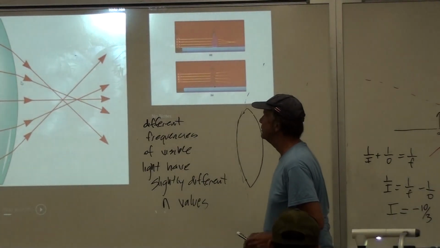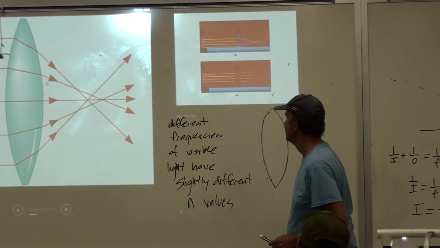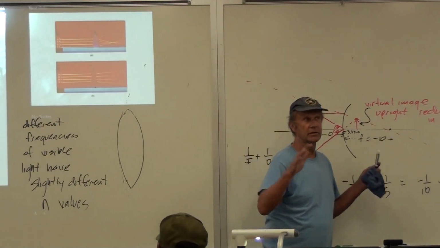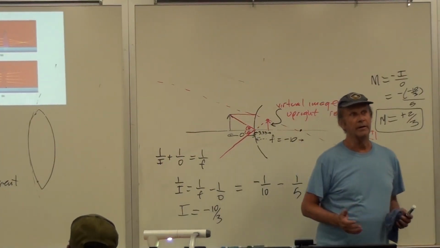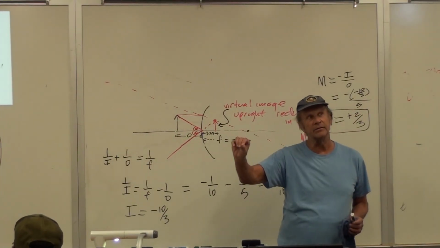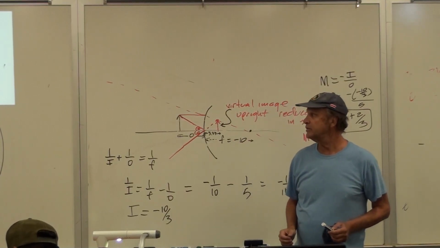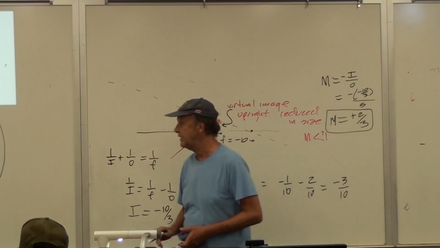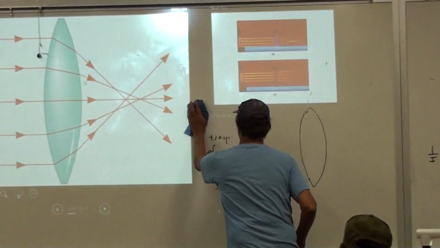So these are things that have to be considered when you use a lens, because the angle of incidence always equals the angle of reflection for a mirror. But for a lens, you can get color distortions and you can get spherical aberration. So both of those things have to be accounted for.